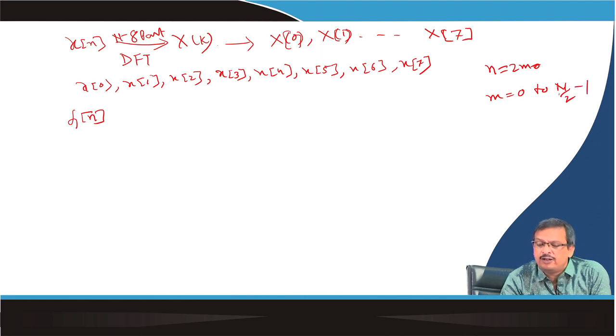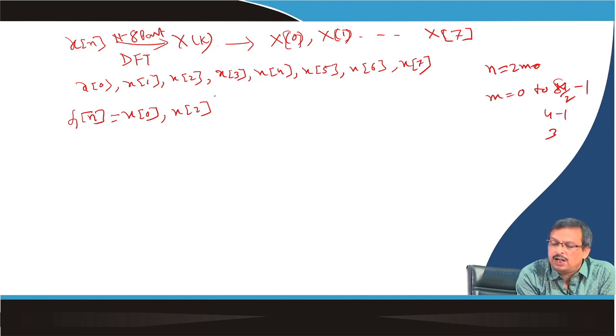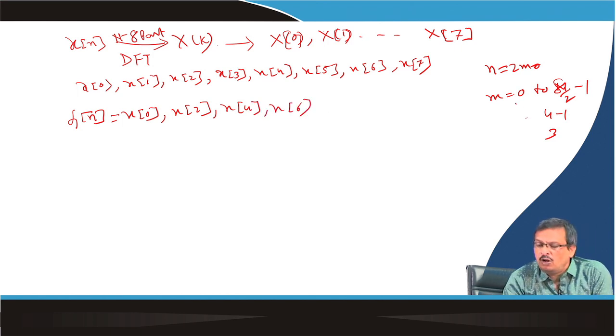So, what is N/2 in case of 8? 8 by 2 minus 1 means 4 minus 1 means 3. So, if m equals 0 I get x0, if m equals 1 I get x2, if m equals 2 I get x4, if m equals 3 I get x6. So, m varies from 0, 1, 2, 3.